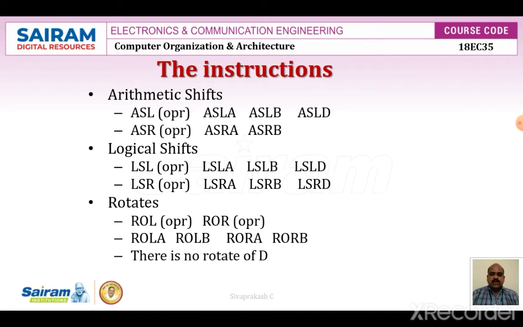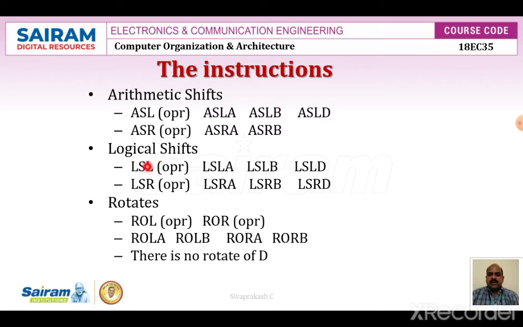The instructions can be easily understood with the help of this slide. The arithmetic shifts are called arithmetic shift left, arithmetic shift right, arithmetic shift left A, shift left B, and shift left double, whereas in the arithmetic right shift, no double will exist.